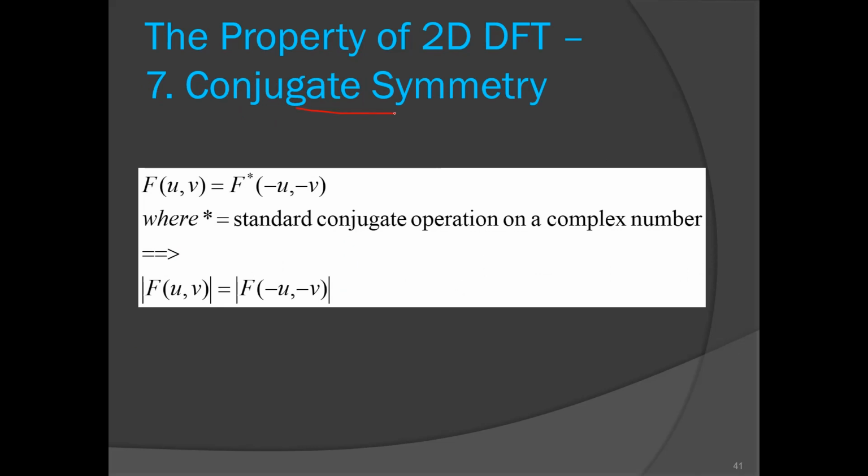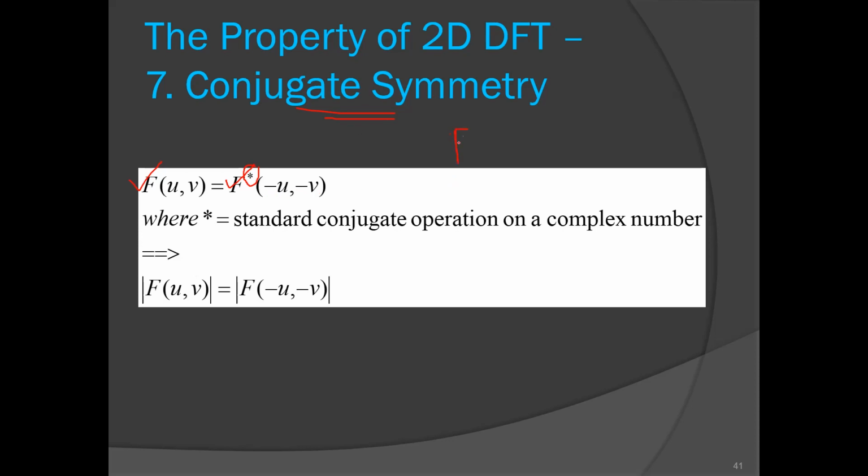The next property is the conjugate symmetry property. This star represents a conjugate, and we know that the conjugate of a complex number is obtained by reversing the sign of the imaginary part. So F(u,v) equals its conjugate F*(-u,-v).